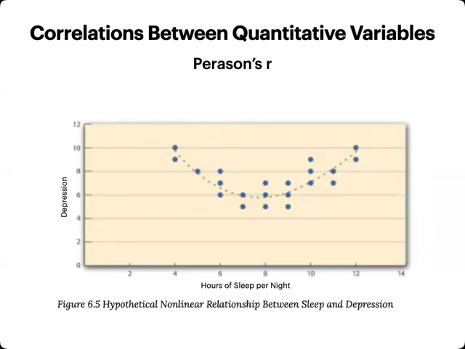For example, the relationship between sleep and depression shown in figure 6.5 forms a U shape.